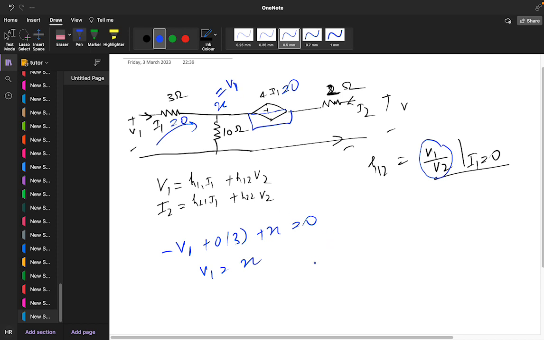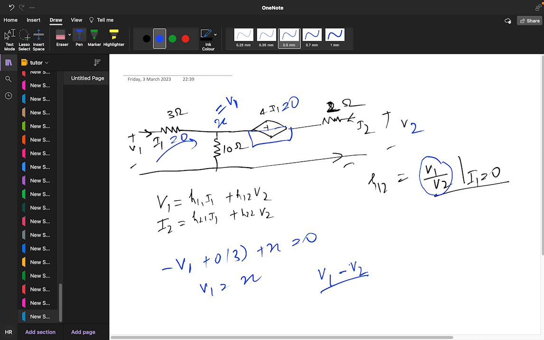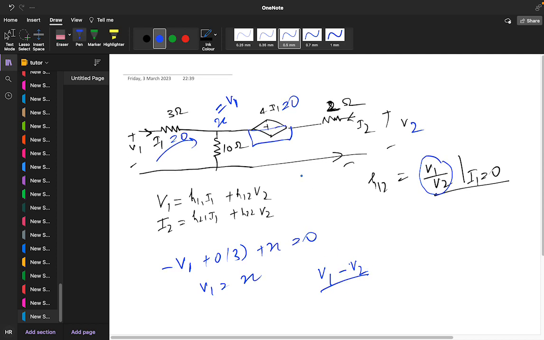Okay, and V1 minus this is your V2. So V1 minus V2. V1 minus V2 upon 2.